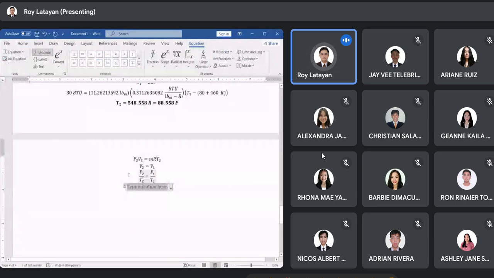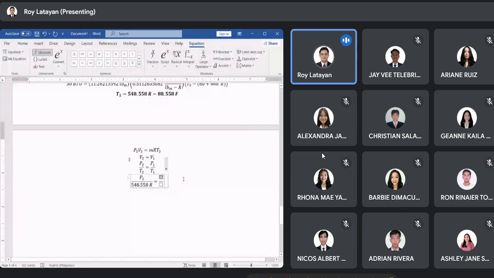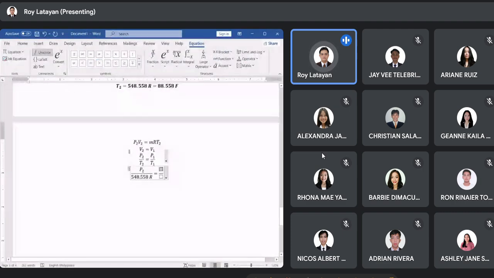P1 is 75 PSIA. So, hindi naman sinabi kung anong unit. So, we can use any unit. So, T1 is 80 plus 460 Rankine. Solving for P2.